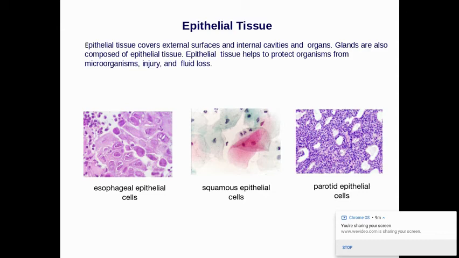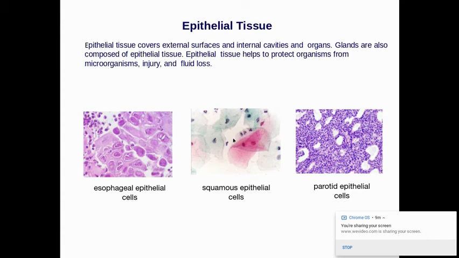It also forms your glands, which I'm sure you've heard about before. Glands are parts of your body that send chemical messengers, but the epithelial tissue makes those up. Epithelial tissue helps to protect organisms from microorganisms and injury and loss. So they're a covering and they help to protect.